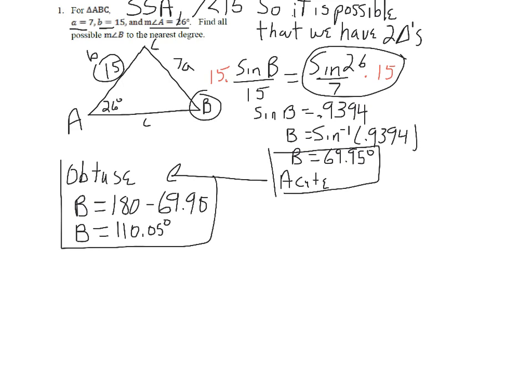So in this acute triangle, here's what we have. We have this angle as 26 degrees, this side is 15, this side is 7, and this angle over here is 69.95 degrees. Here's angle C and side C that we need to find.